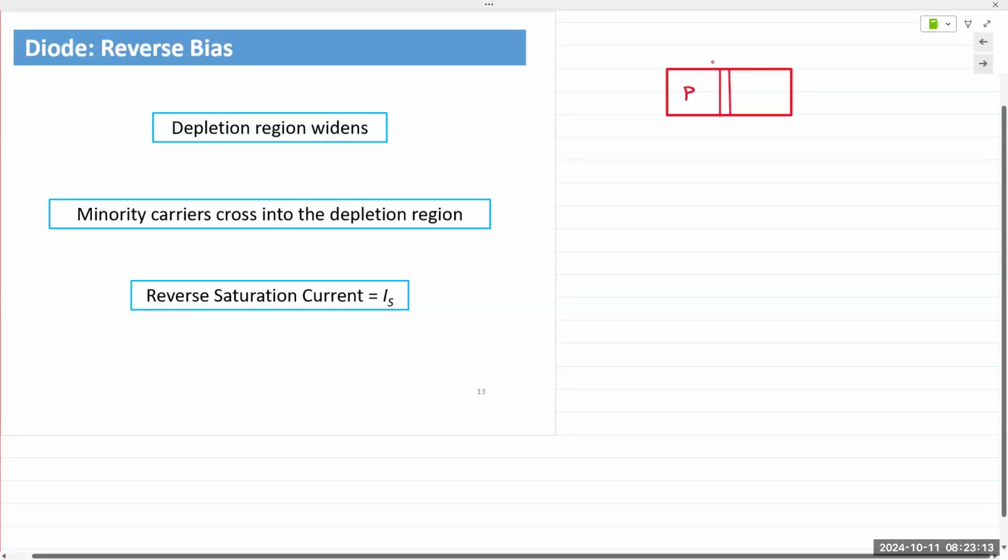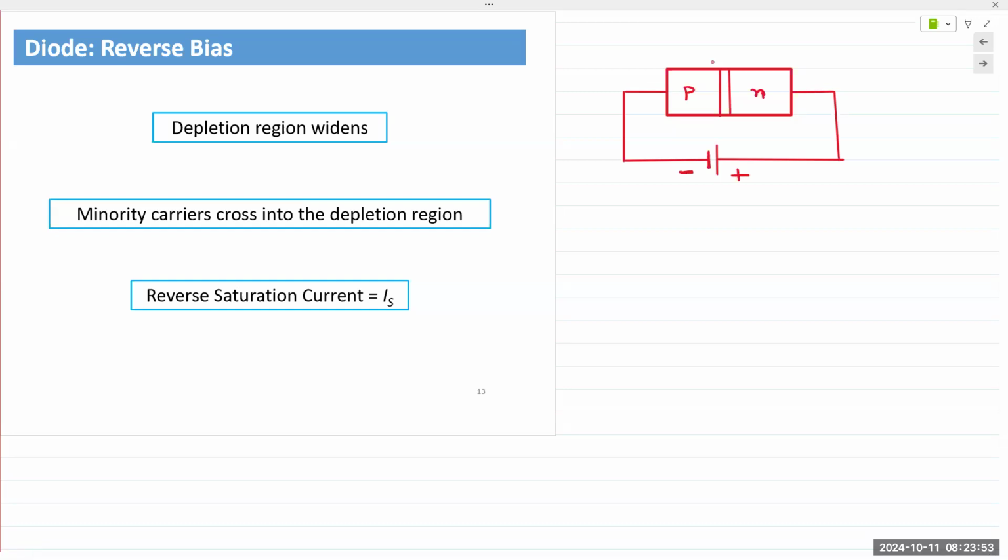This is P and this is N, positive and negative. If you connect an external source with the negative end connected to P-type and the positive end connected to N-type, we say that the junction is now reverse bias, or the diode is now reverse bias.